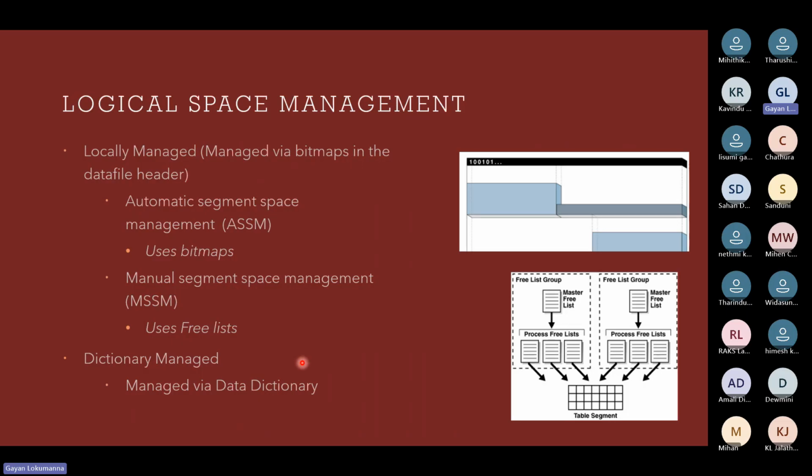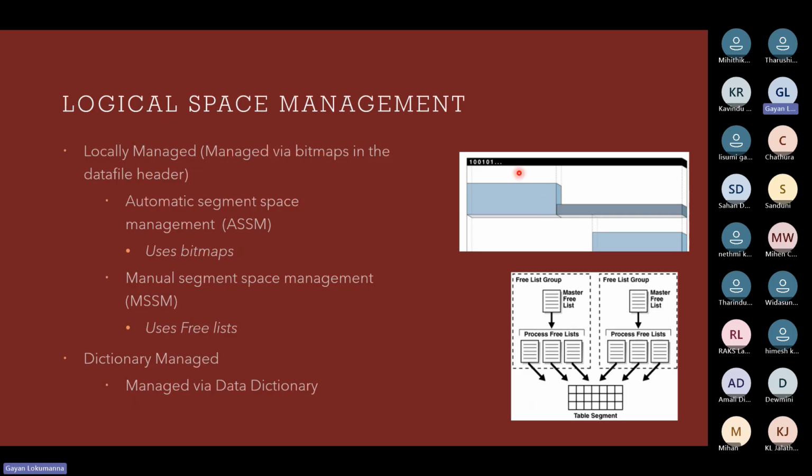So now we are not giving the burden to the data dictionary tables because it is too much to bear, right? The tables or segments that you create within that table space, that particular table space is responsible for tracking the information about extents. That is what we call a locally managed table space, which is faster, and it is basically managed through what we call bitmaps, right?